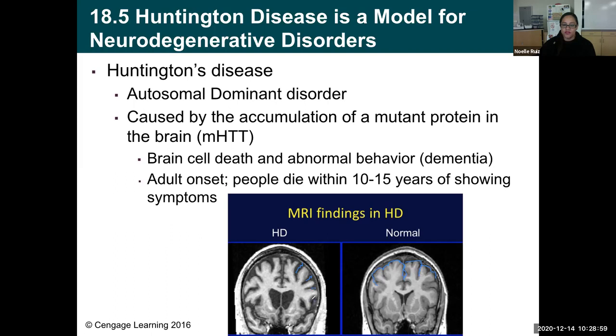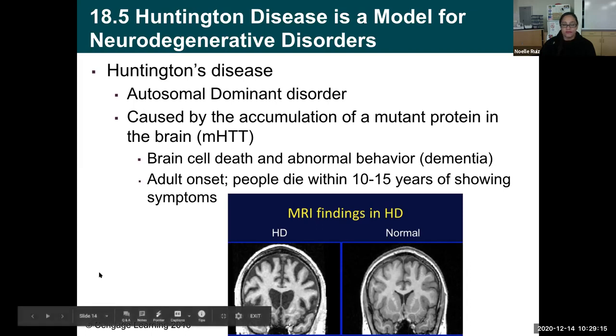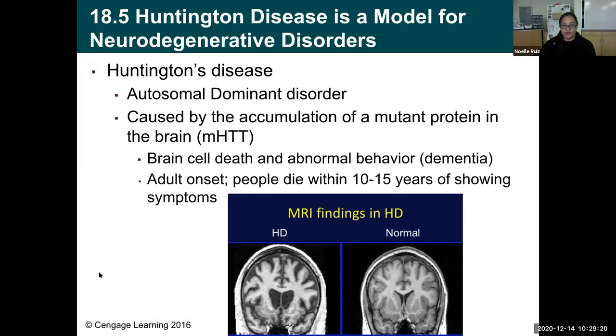So a person with Huntington's disease, their brain tissue just degenerates. Their brain cells just die. And it's because they have an excess of that mutant protein.